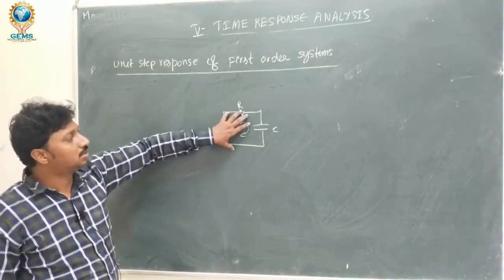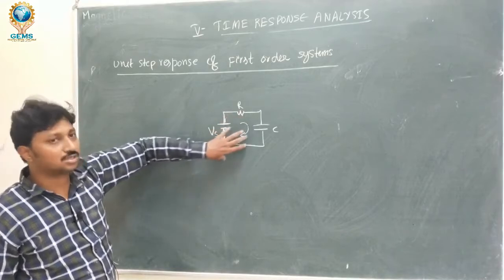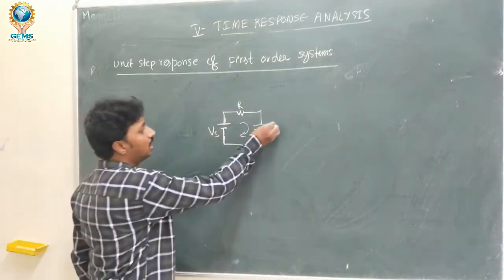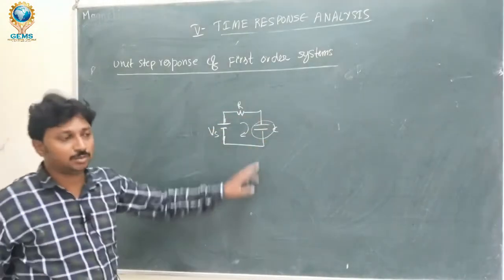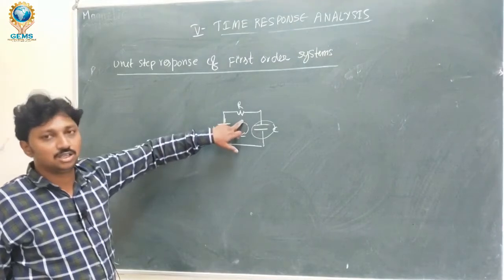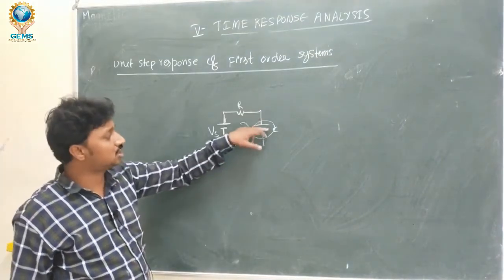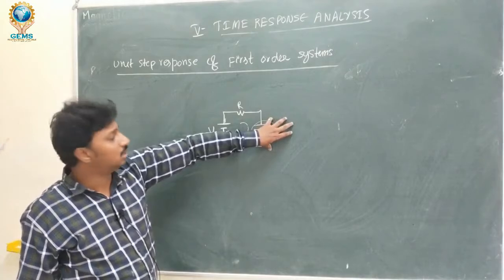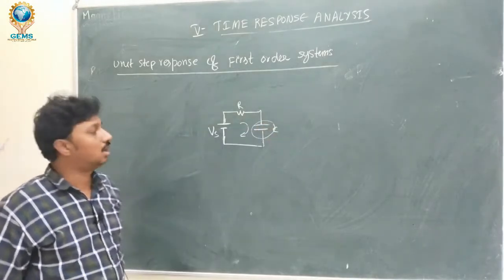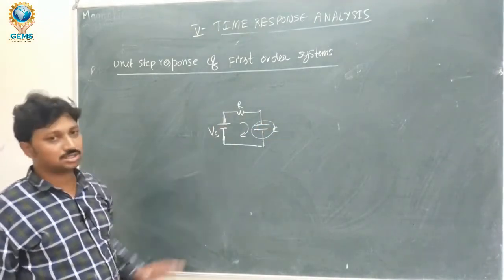This is one of the physical systems, and it is a first order system. The capacitor is a storage element. The resistor is not a storage element; the resistor just dissipates the energy, but the capacitor stores energy in the form of an electric field. So this is the first order system.